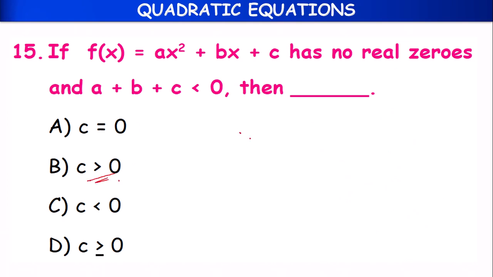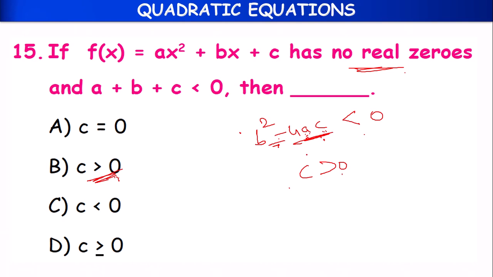So here, b square minus 4ac should be less than 0 for no real zeros. If c is greater than 0, then what happens? Here the condition depends on a and c, because here we are having a minus sign.